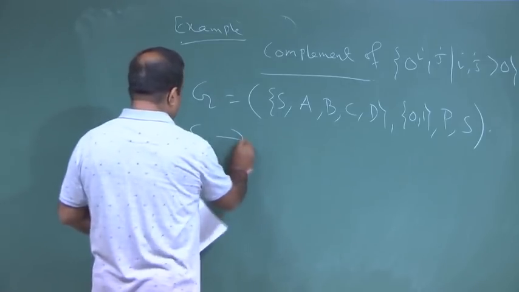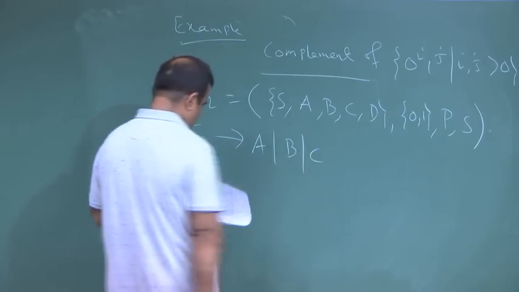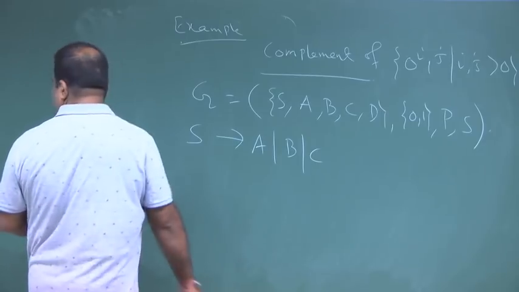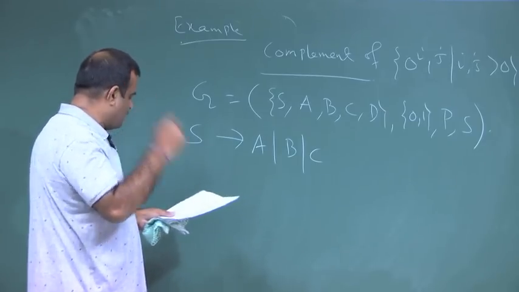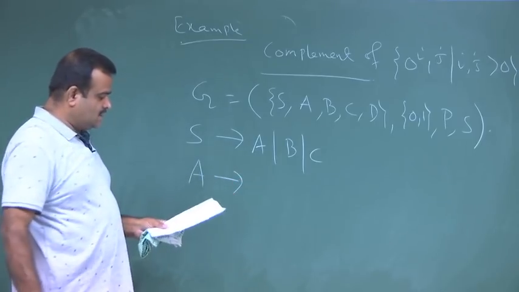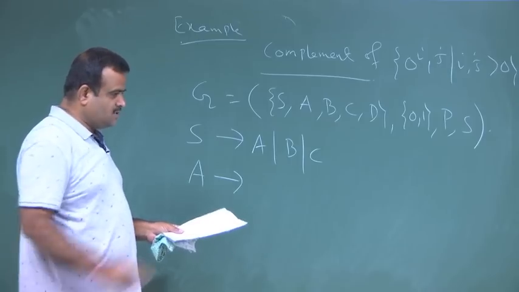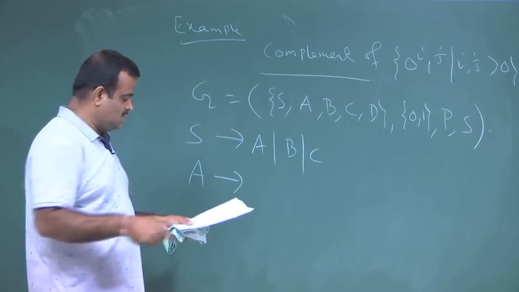S is either A, B or C. We are going to use A, B, C for different purposes. A we use for all the strings of 0 and 1 which are out of order, meaning it is not 0 followed by 1.